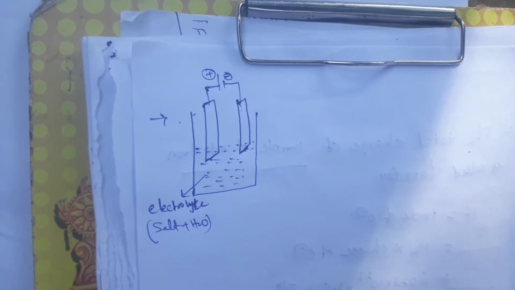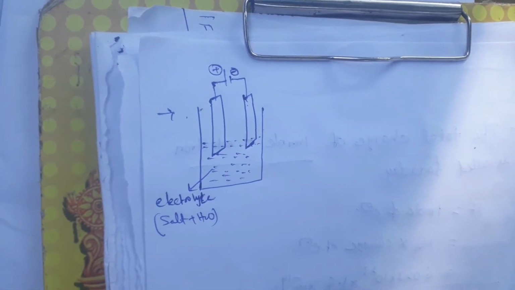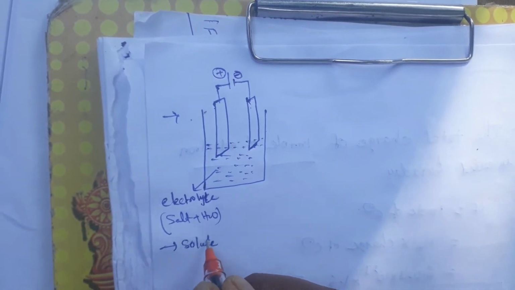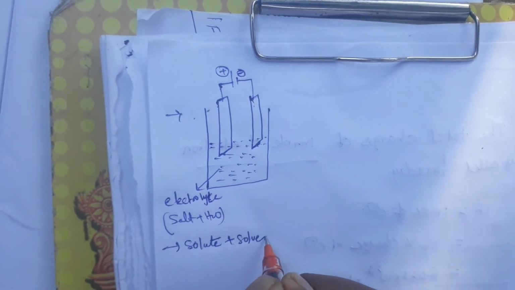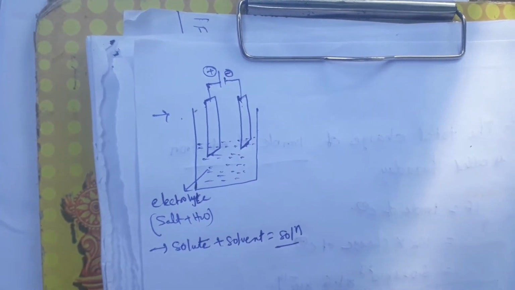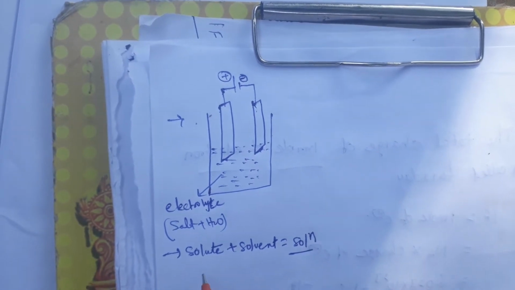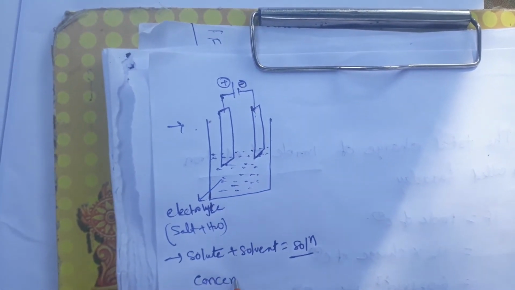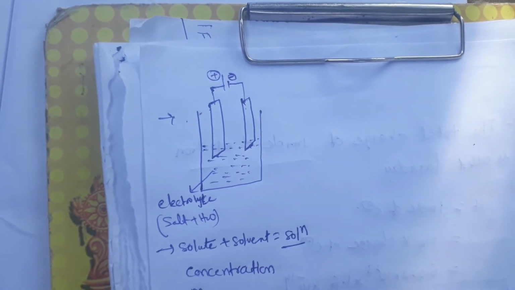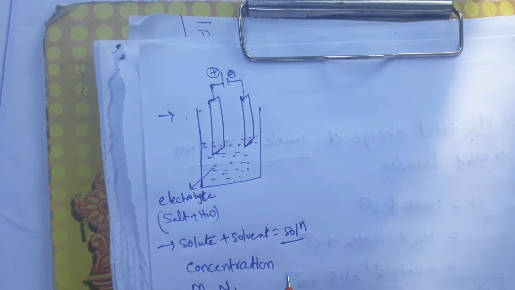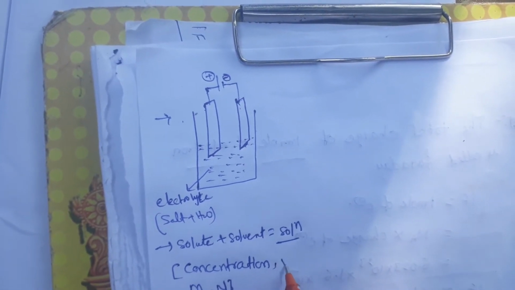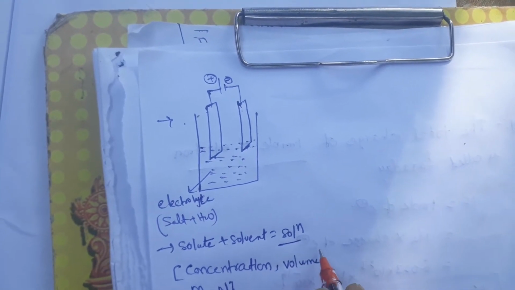That is one thing. And here we can find out concentration versus conductivity. A solution means solute plus solvent equals solution, so it has some concentration, which you can express in molarity or normality, and a volume term.